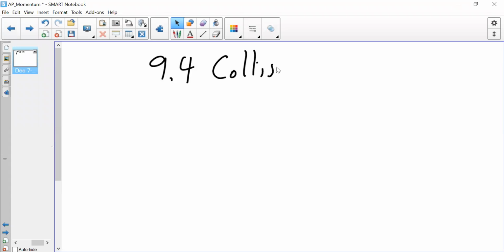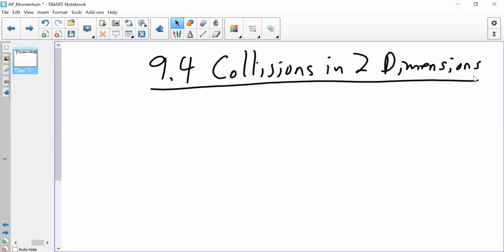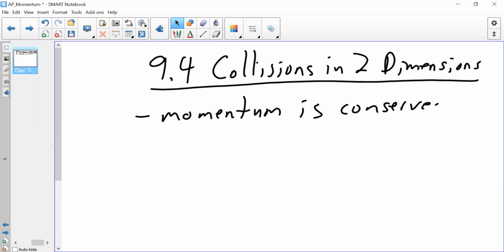Okay, 9.4, collisions in 2 dimensions. Well, we already know that for any collision, momentum is conserved.